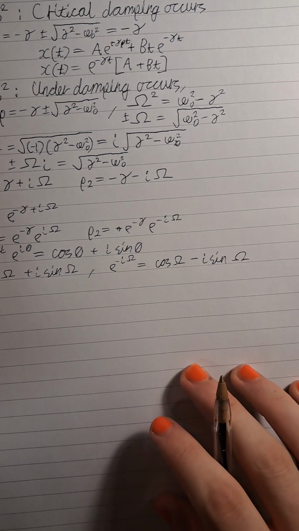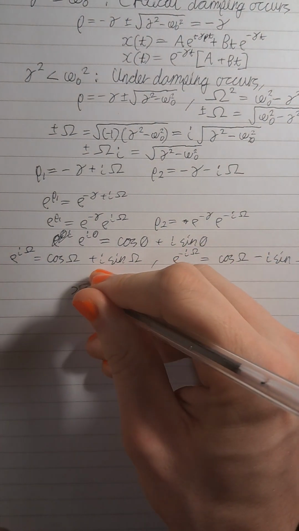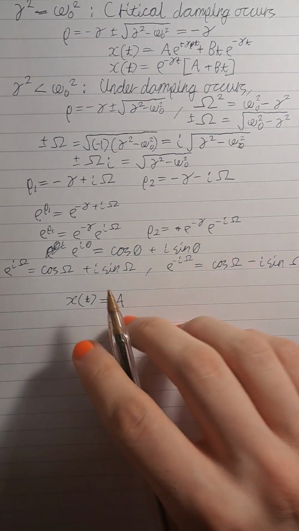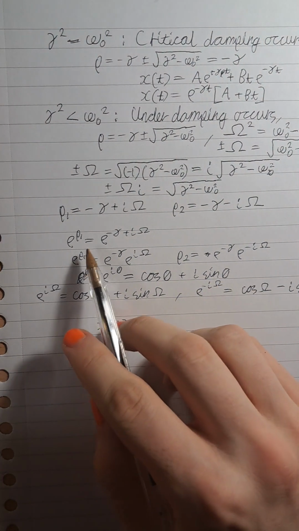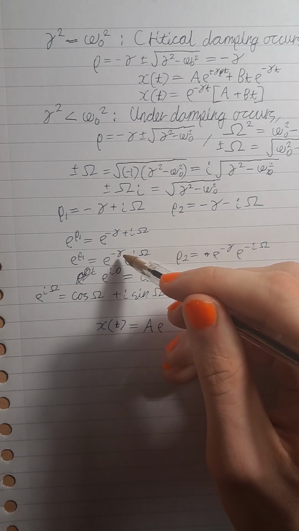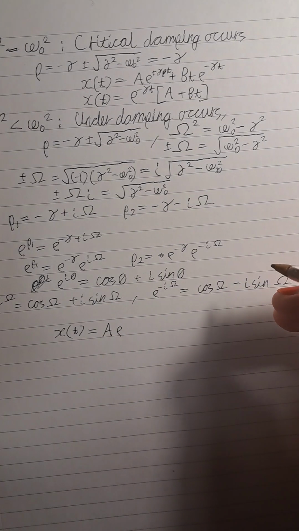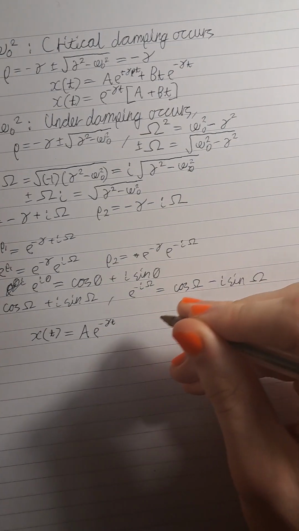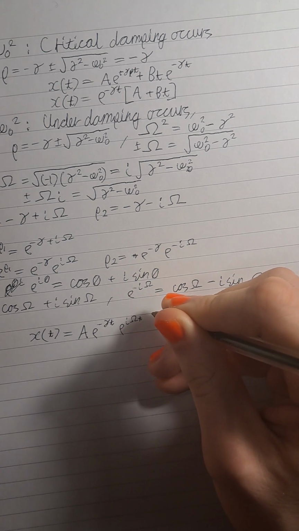So that would give us that our final equation would be x of t equal to A, using P1 first. In this example I haven't used t, but imagine that I've put a t in here, so that'd be e to the minus gamma t, e to the I omega t, like that.